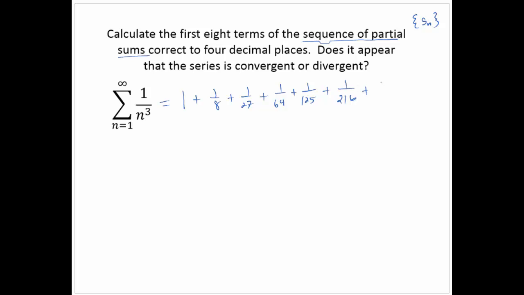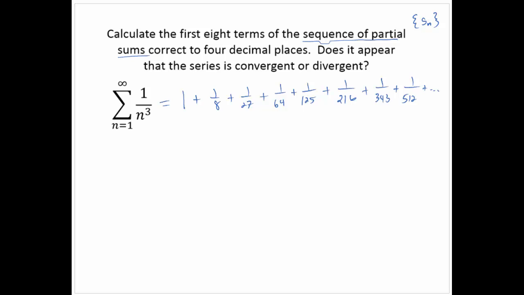Plus 1 over 7 cubed is 343, plus 1 over 8 cubed is 512, plus and so on. That's what the series means, the sum of the terms of the sequence.